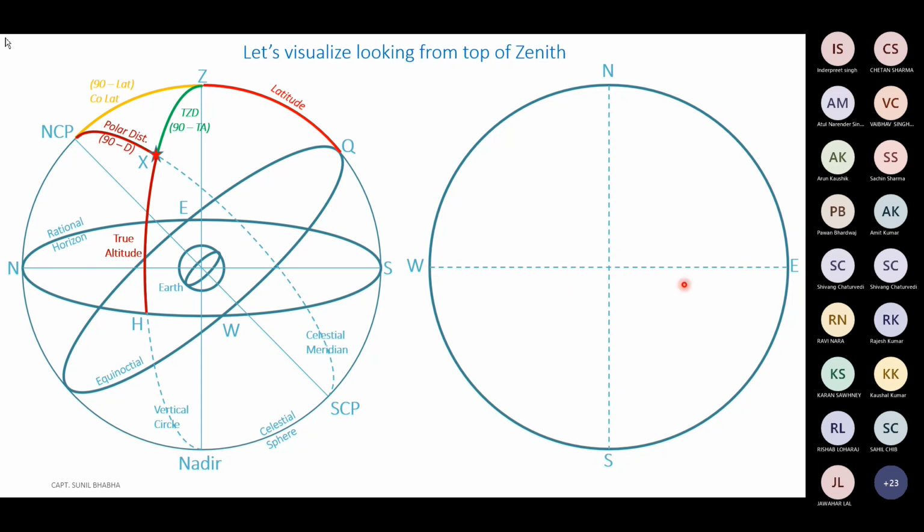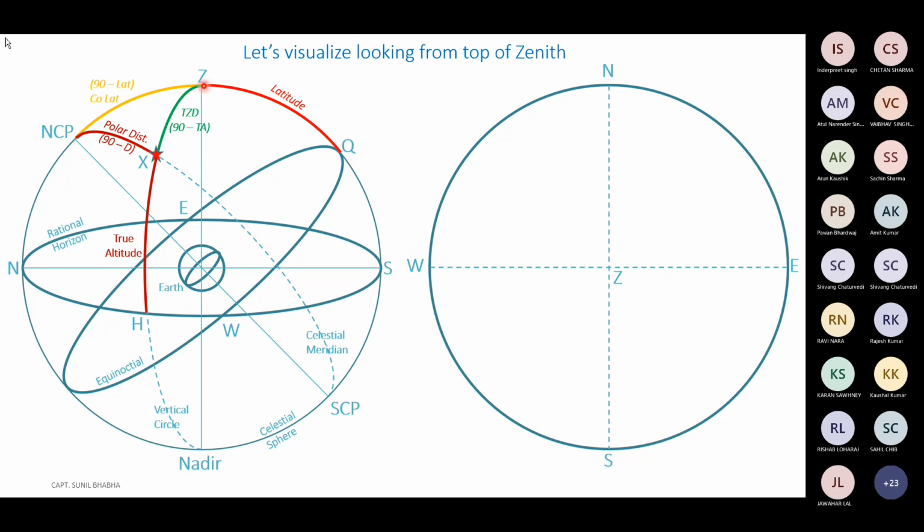So you see, this is the W to E vertical circle line which we visualized in the celestial sphere, and exactly in the center you will have this Z point. When you look from the top, the circumference will be the rational horizon, and this Z point, that is the zenith of the observer, will be exactly in the center. So let us show this Z point exactly in the center here. You have the Z point here at the center.